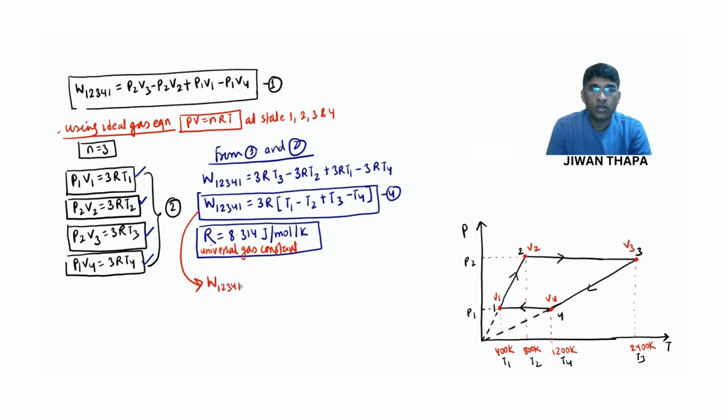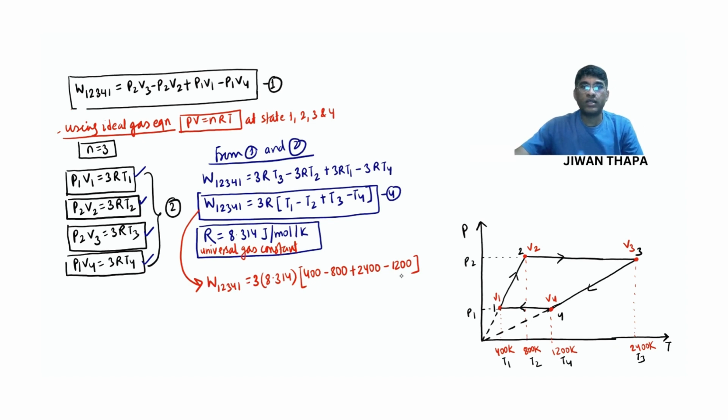Now, total work done during the whole cycle equals 3 times 8.314 times T1 minus T2 plus T3 minus T4, where T1 is 400 Kelvin, T2 is 800 Kelvin, T3 is 2400 Kelvin, and T4 is 1200 Kelvin.